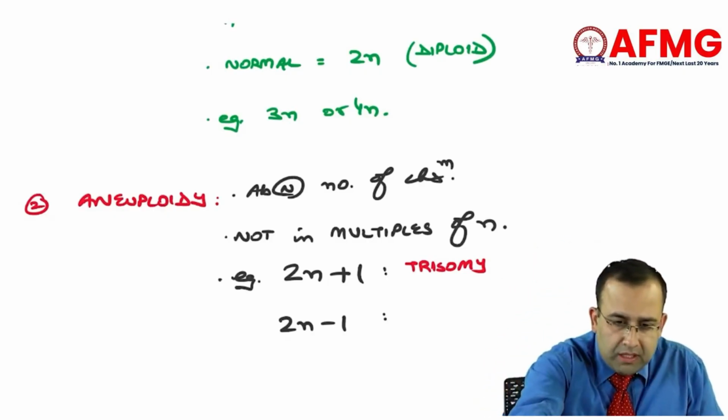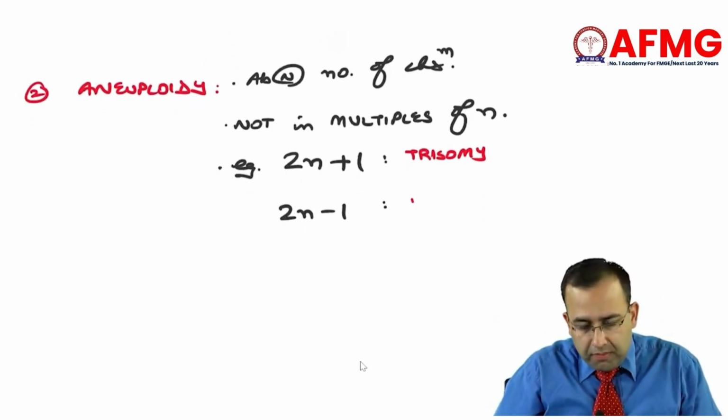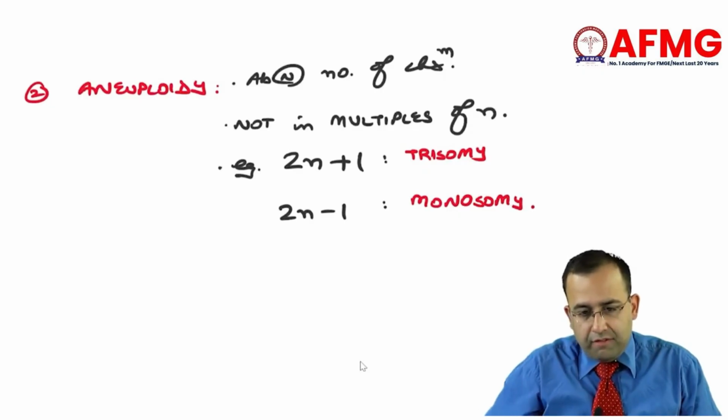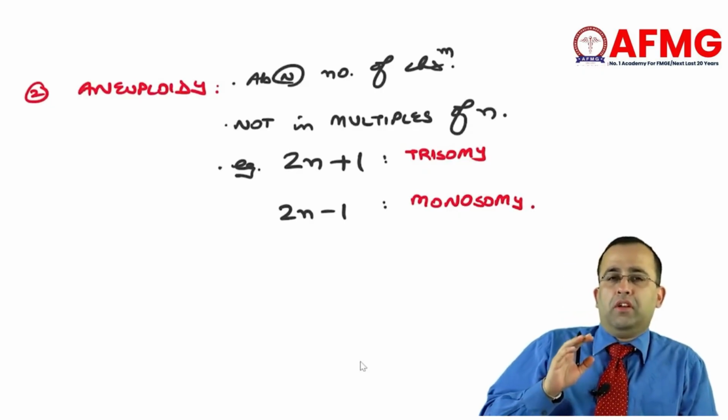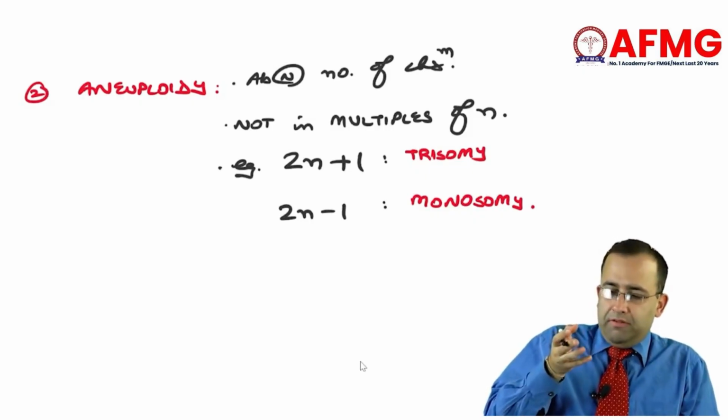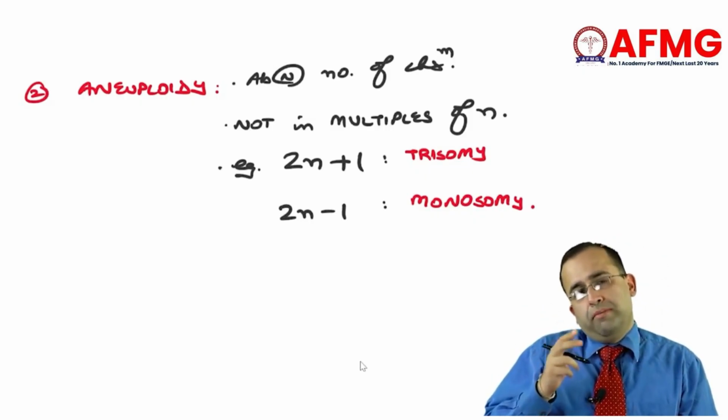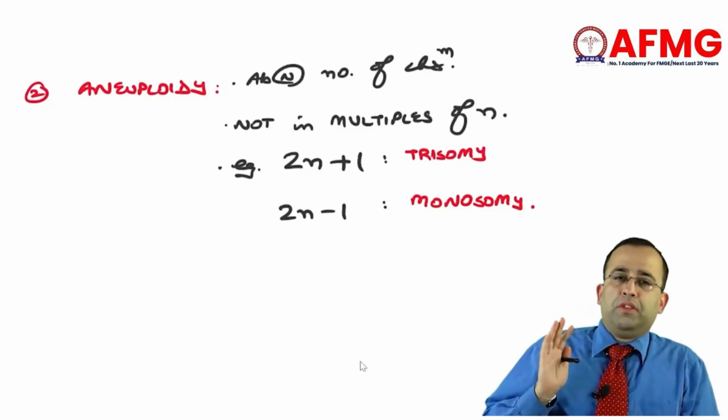Versus 2n minus 1, which means one chromosome is lost, that is monosomies.